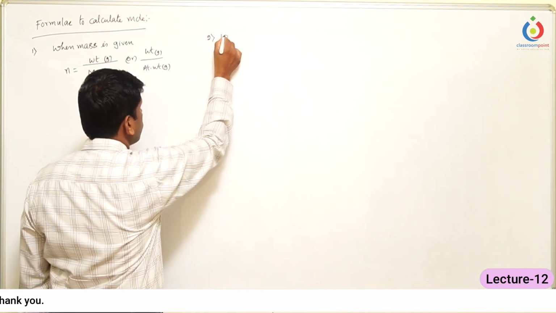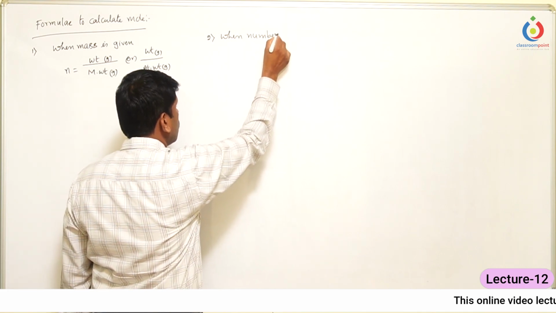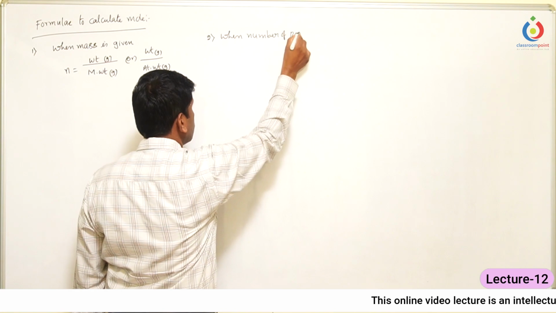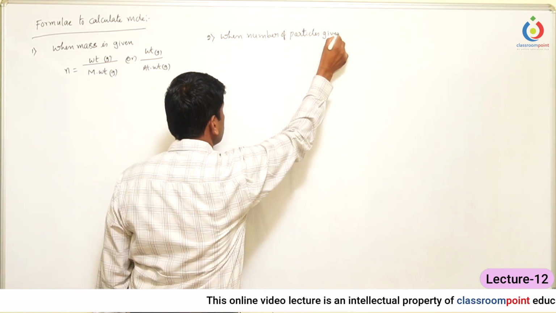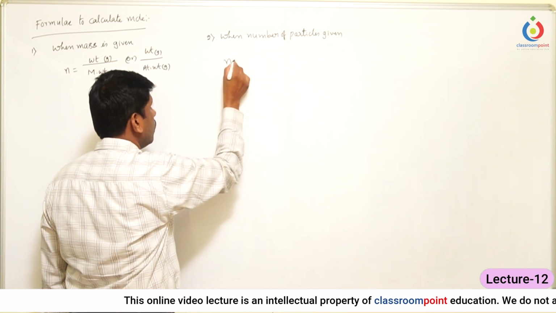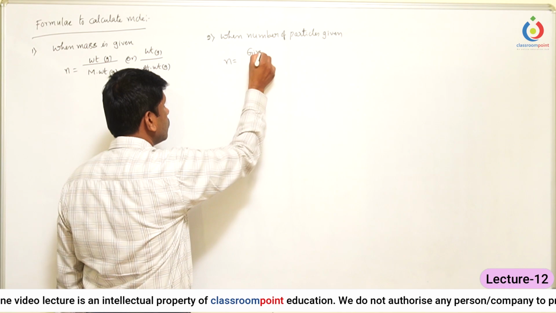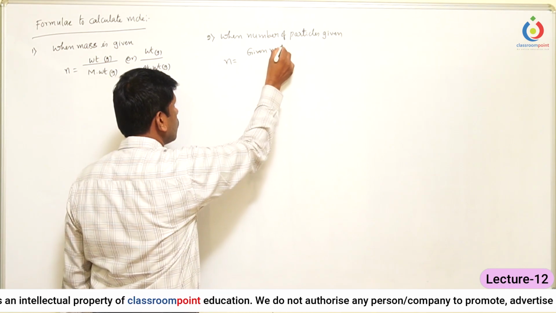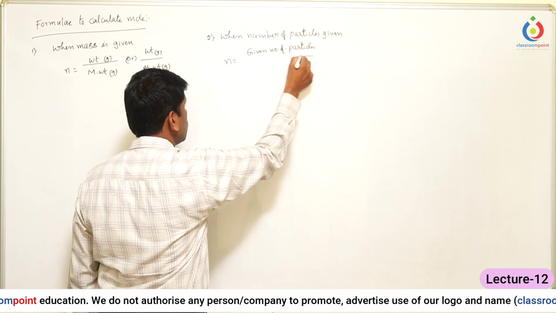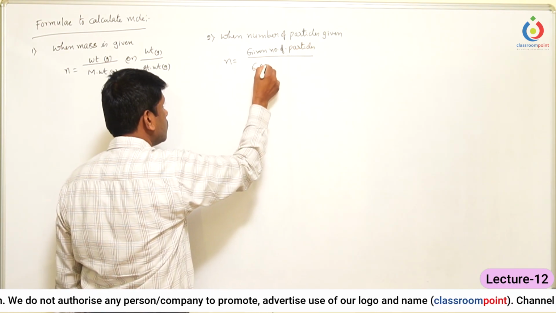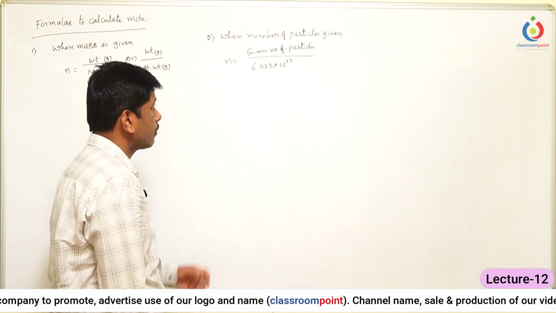Second, when the number of particles is given, the formula of the mole is the given number of particles divided by Avogadro number, 6.023 into 10 power 23.